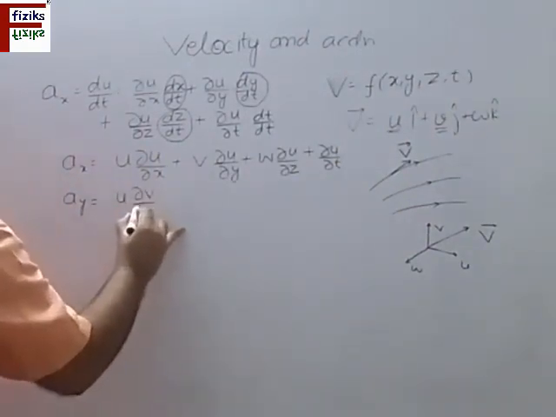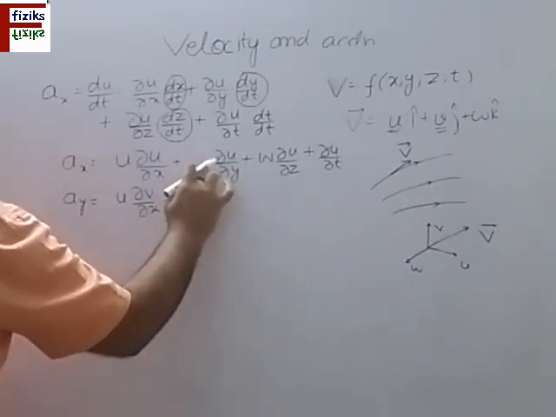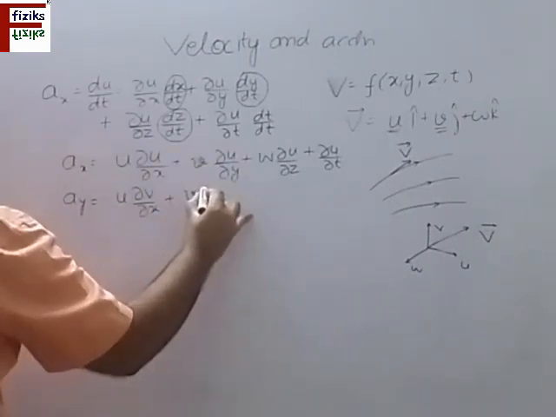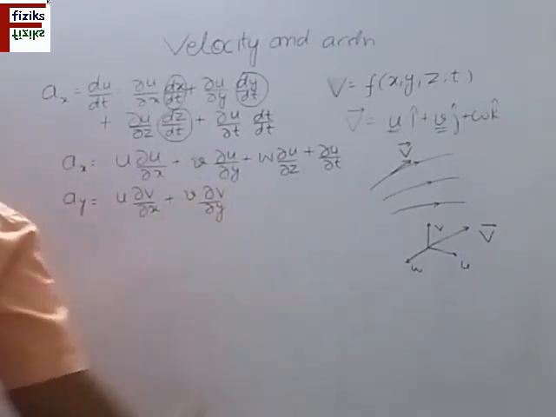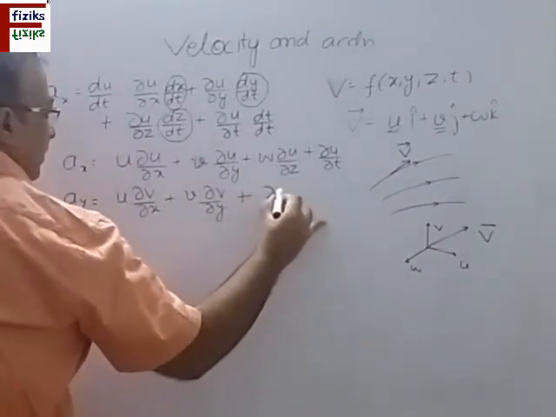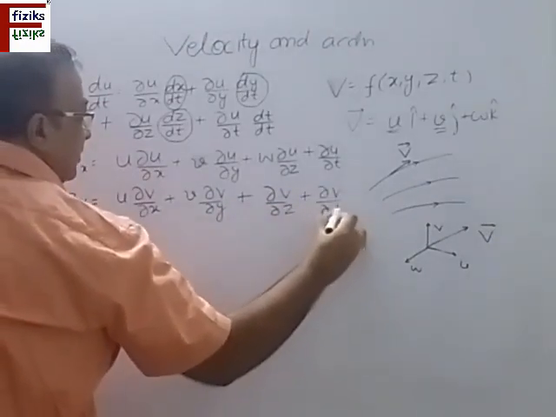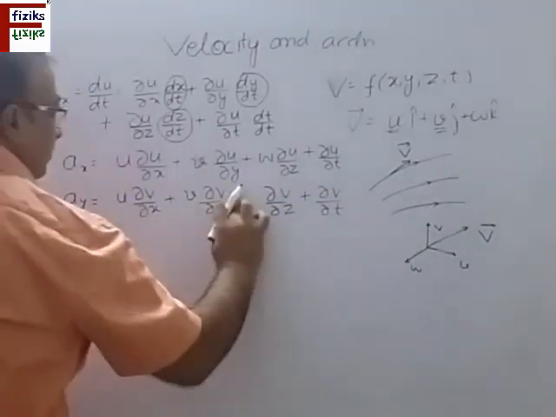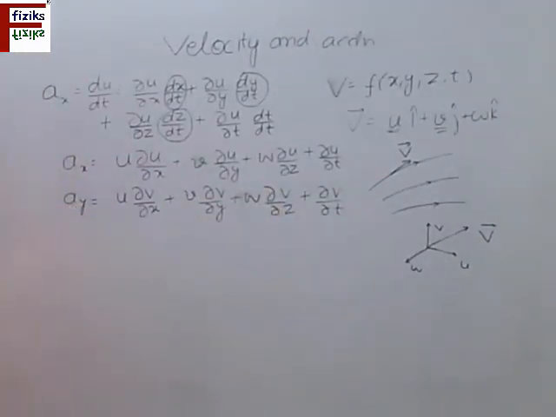So u del v by del x plus v, let me write this as small v, del v by del y and the third term is w del v by del z plus del v by del t. So this is the expression for acceleration in y direction.